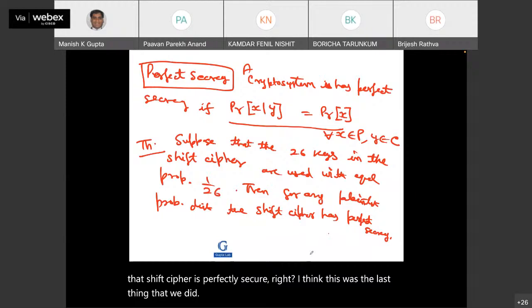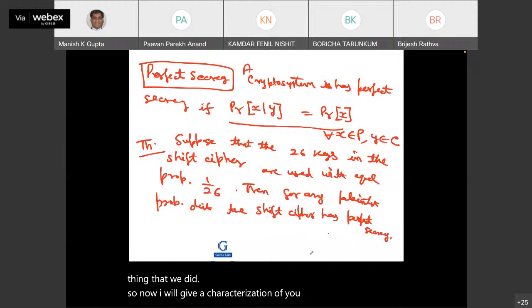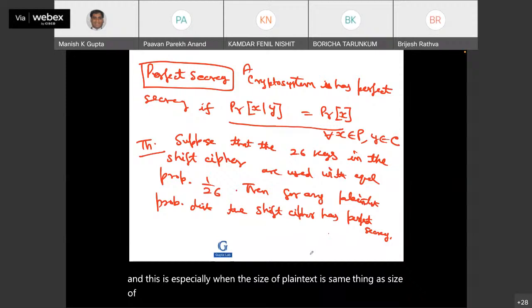Now I will give you a characterization of this perfect secrecy, especially when the size of plain text is the same as the size of ciphertext, which is the same as the size of key space. Let me build some ideas, and then we will give you the characterization.